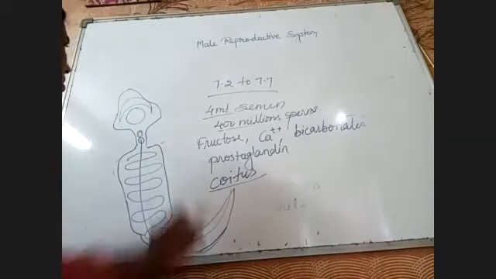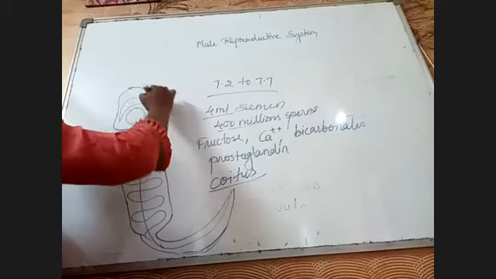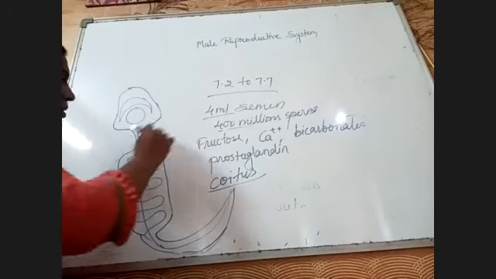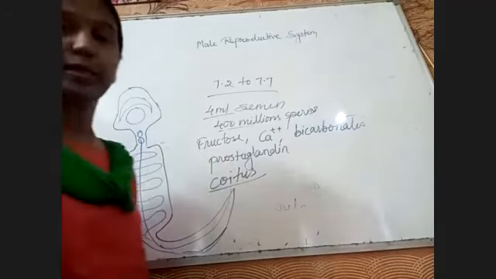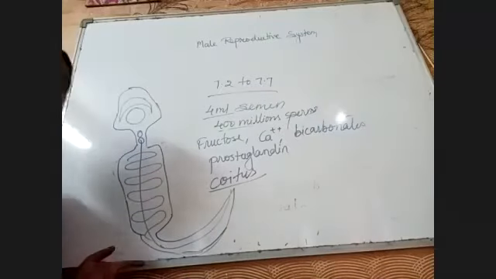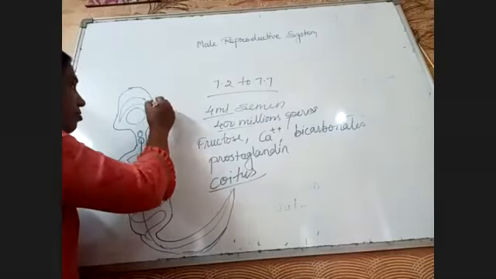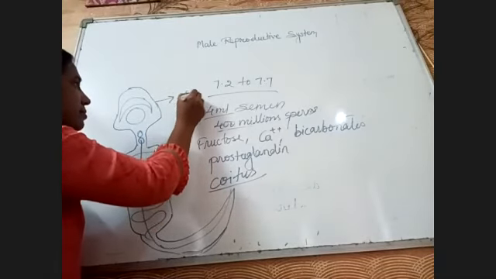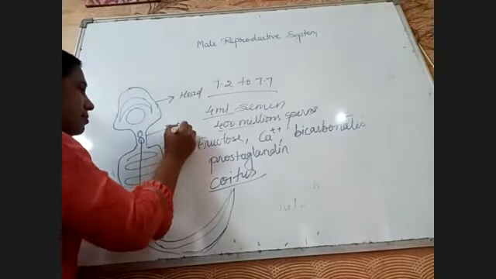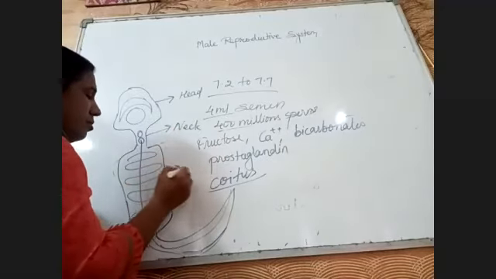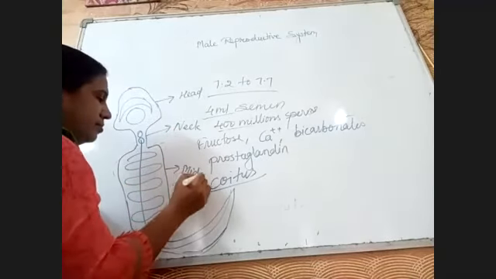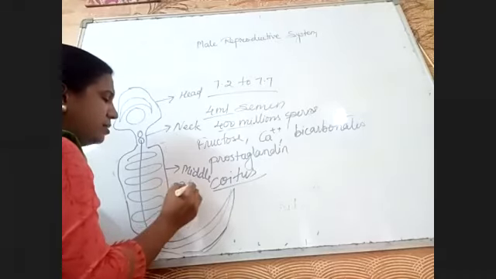This sperm is about 65 micrometers in length. It is haploid, a microscopic structure. It consists of mainly 4 parts: head, neck, middle piece, and the tail.